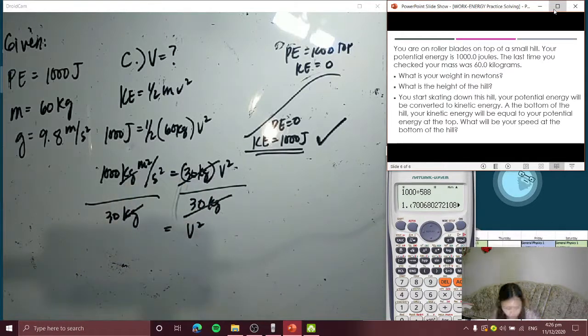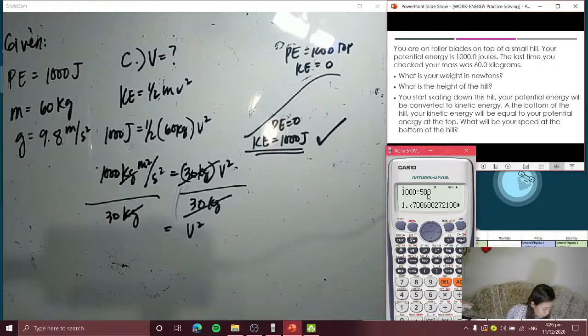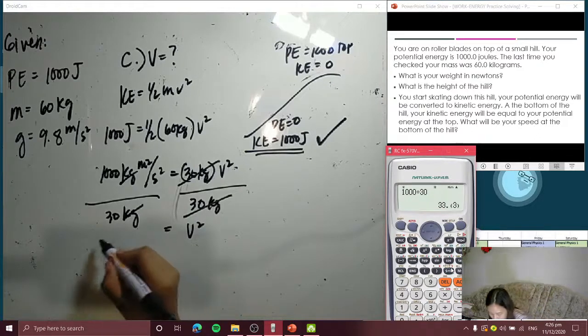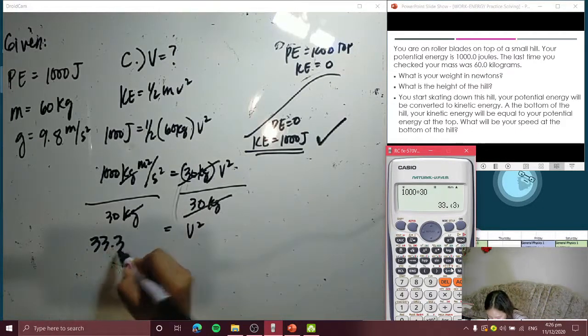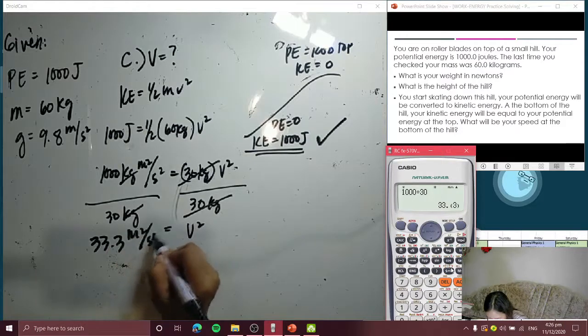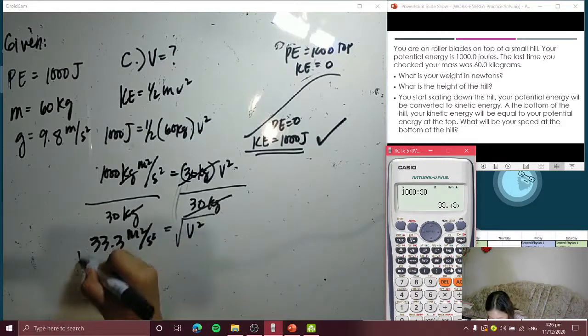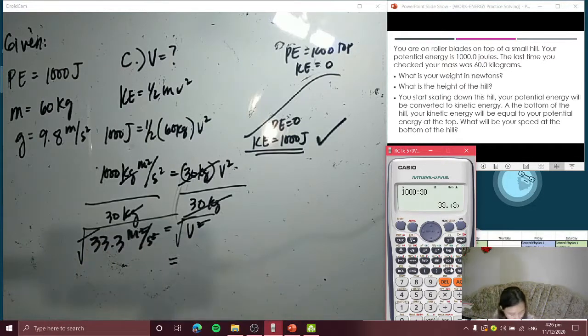We have your V squared. Cancel the units. So 1,000 divided by 30. That's equal to 33.3. 33.3 meters squared per second squared. Square root both sides. We also square root the variable and the unit. Okay?